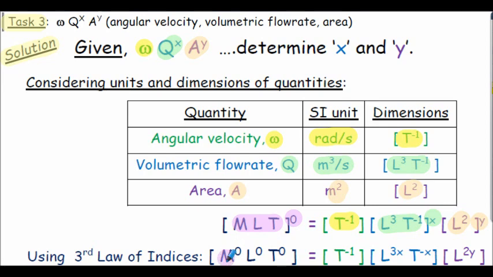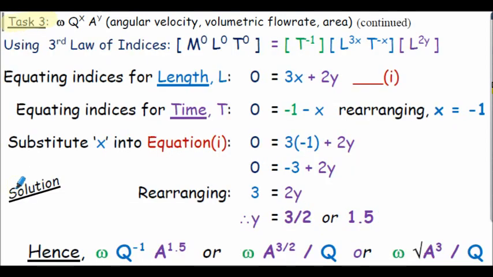So we have M to the 0, L to the 0, T to the 0 on the left hand side, on the right hand side T to -1. Notice here I have L to the power of 3x, T to the power of -x. I've used the third law of indices to reformat the bracket, and L to the power of 2y. So that's just applying the third law, just to make the equation slightly easier to follow when we equate indices on the next slide. So task 3, solution continued.